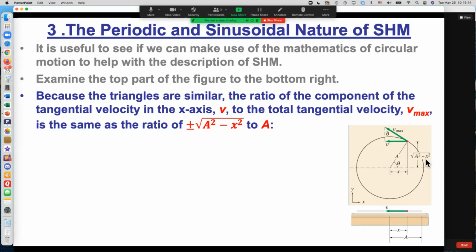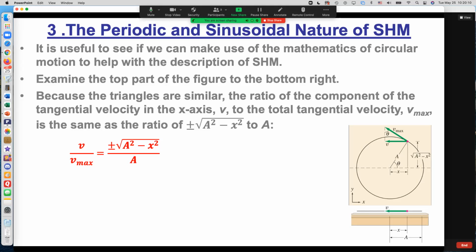Right, those are the equivalent sides. We take the ratio, it should be the same because they're similar triangles. So we can write that down, right? There's the ratios. The velocity over V max is going to be equal to the square root of A squared minus X squared, divided by A. Everybody happy with that?